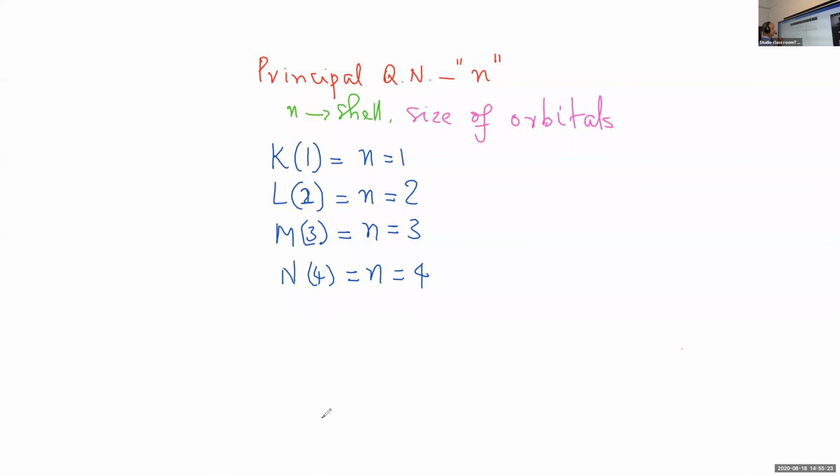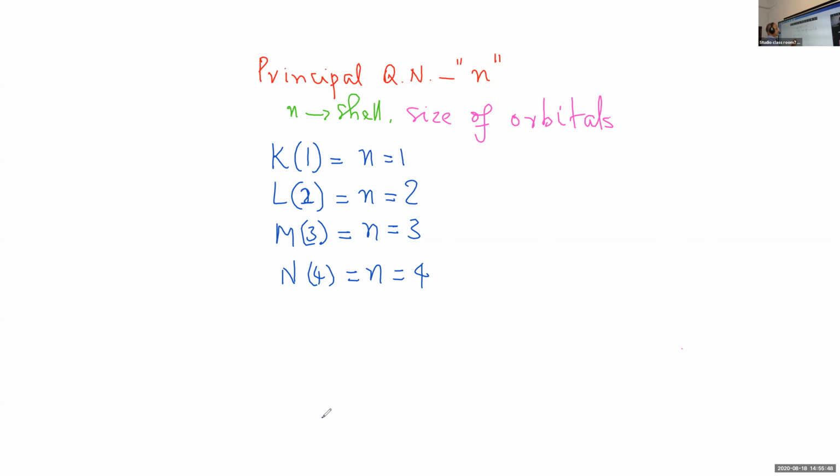So principal quantum number n is the same as the number of the shell or the number of the orbit. It is representing the shell or the orbit, and it gives an idea regarding the size of the orbitals. Apply this for various shells. Say, for example, K shell, principal quantum number n is equal to 1.